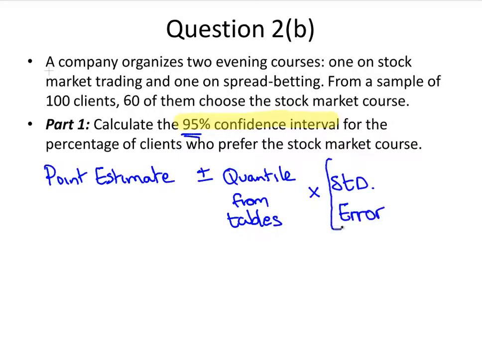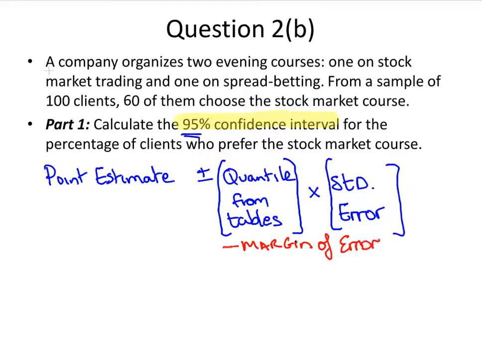So we have to perform this calculation here. The standard error times the quantile is collectively what we call the margin of error. It's not particularly relevant in this question, but the product of those two terms would be called the margin of error.